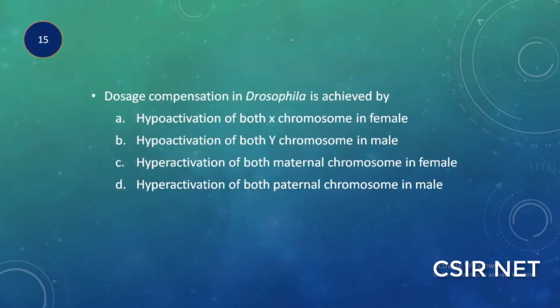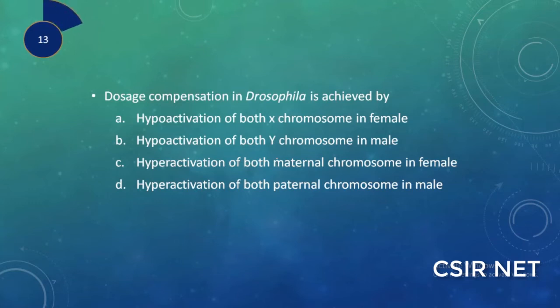Dosage compensation in Drosophila is achieved by. Here are the four options. A, hypoactivation of both X chromosomes in female. B, hypoactivation of both Y chromosomes in male. C, hyperactivation of both maternal chromosomes in female. D, hyperactivation of both paternal chromosomes in male. Your time starts now.